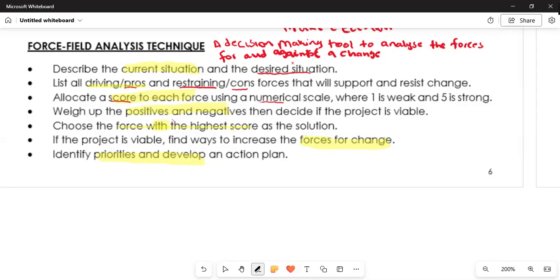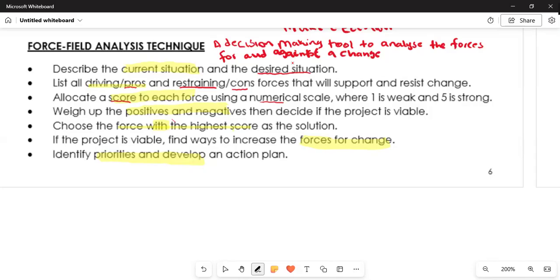But restraining forces score 10. So it means this project is going to be viable, whereby we are going to make use of automation instead of manual labor.